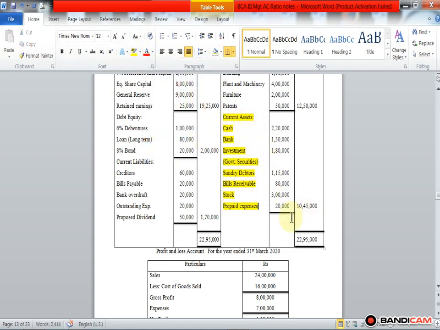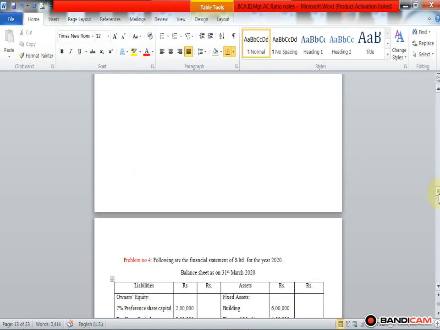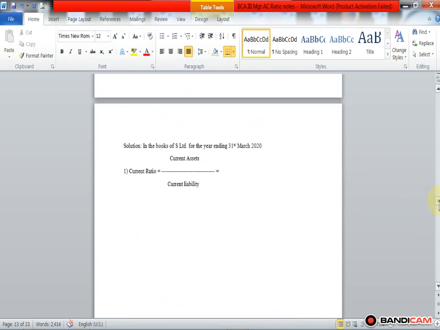The total of current assets is 10,45,000. Put this figure in the formula: 10,45,000 is the amount of current assets, divided by current liability.